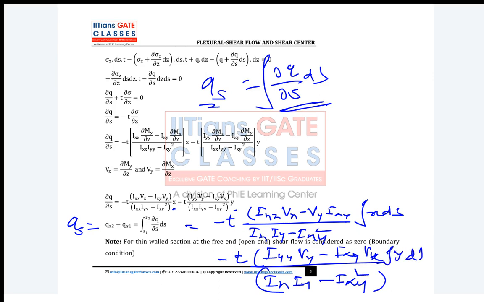Okay, so this is for a thin walled section, like you have a C section, thin walled section.